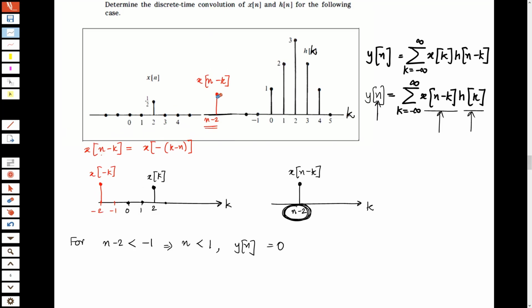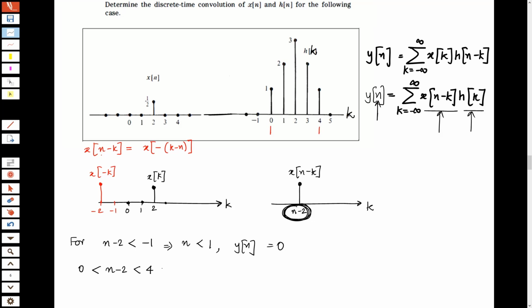Next, let us assume this has moved forward, and now x of n has reached somewhere here, or here, or here. That means it can be anywhere between 0 and 4.